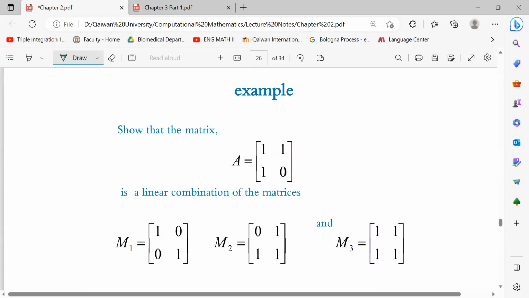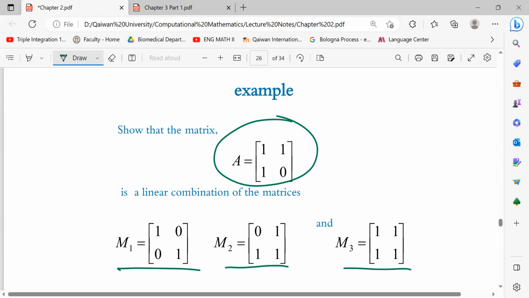Look at this matrix. It says show that this matrix is a linear combination of these three matrices.